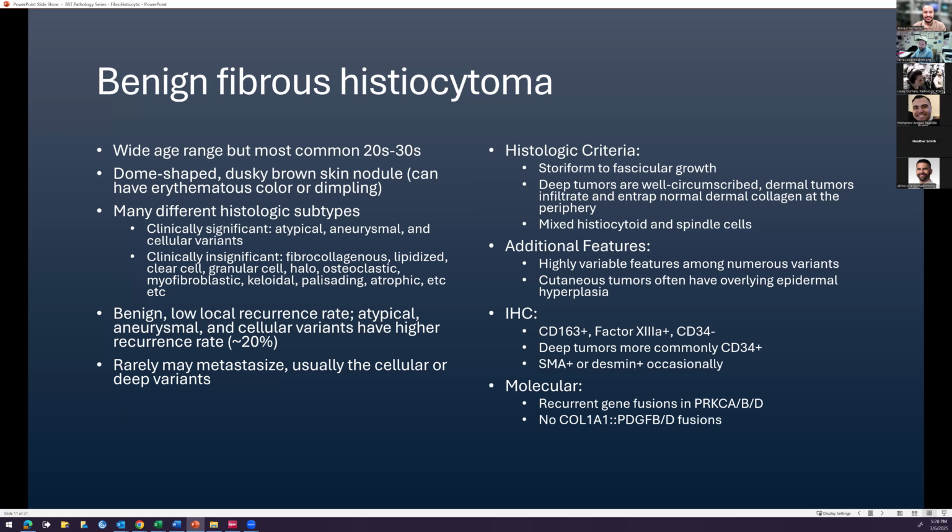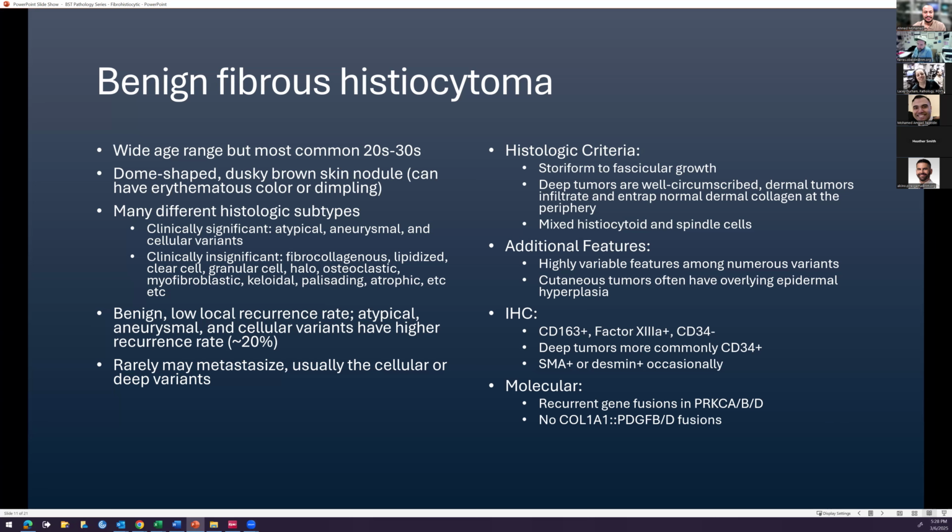Also the epithelioid variant, but I see that as a different tumor, to be honest, because it's its own thing. There are a lot of other types that are all clinically insignificant: granular cell type, collagenous, lipidized, ankle type or whatever. These are all basically the same as regular dermatofibromas.